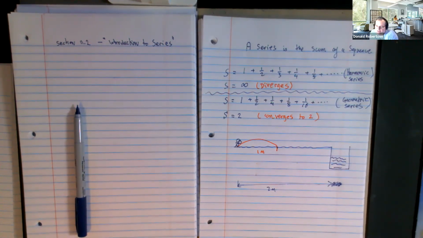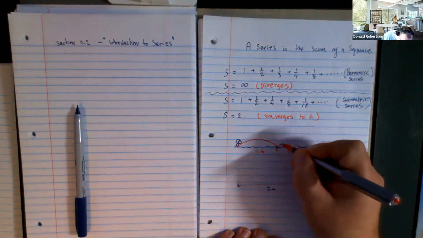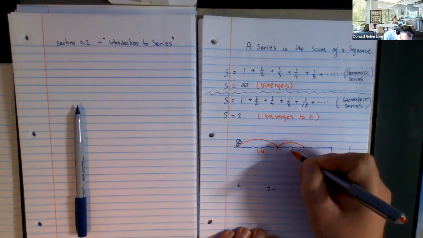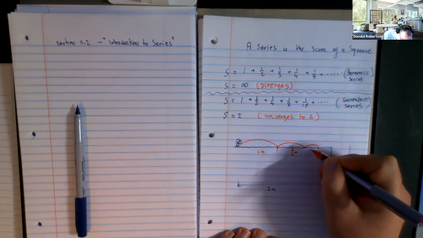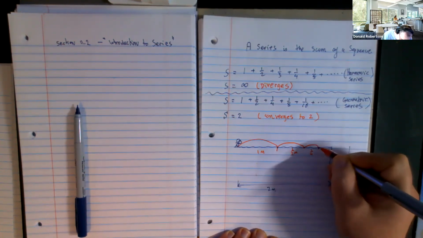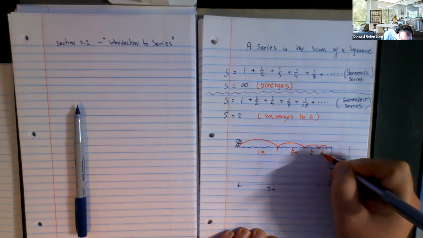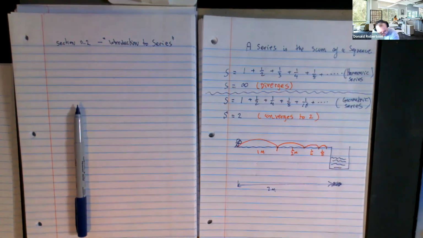But every jump after that, it was a little bit tireder, so it only jumped half as much. So its second jump, it did a half. And then its next jump, it was a quarter. And then its next jump, it was an eighth. And that little frog kept on jumping.